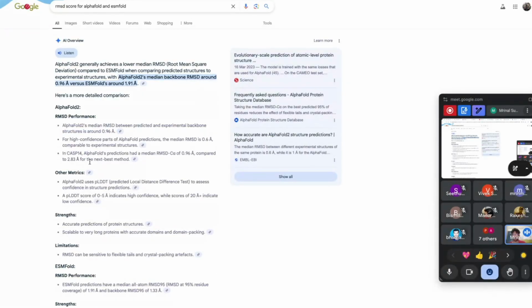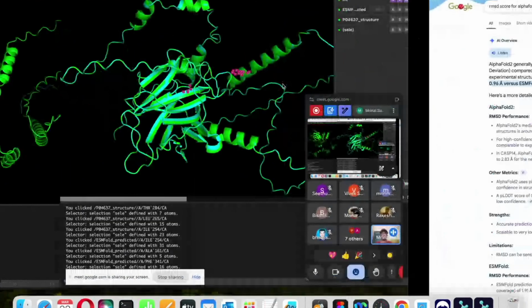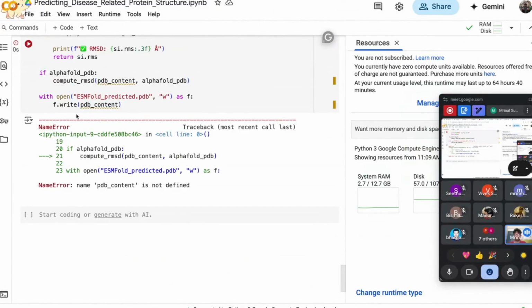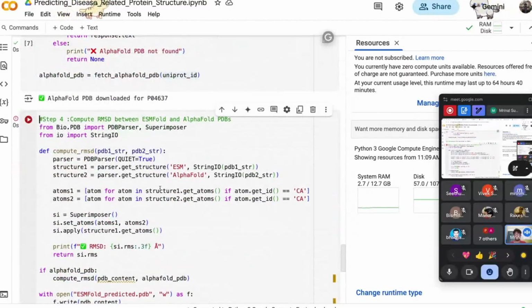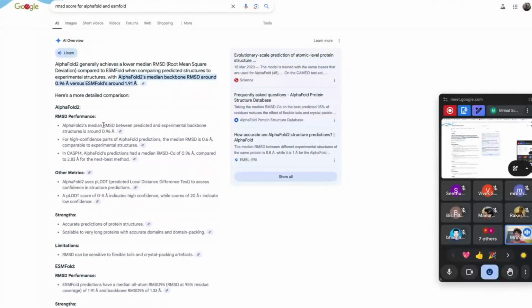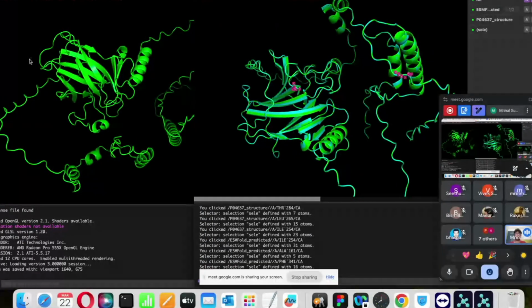If you're getting a score between 0 to 5, it indicates a high confidence. For this particular protein, when I implemented this function, I got a value of around 2. Now it's not showing up, but if you run this Colab notebook of mine, you will be able to find out in Angstrom how much the RMSD distance score is. I got around 2, which means it can be relied upon. So this particular protein structure is almost similar to this one.